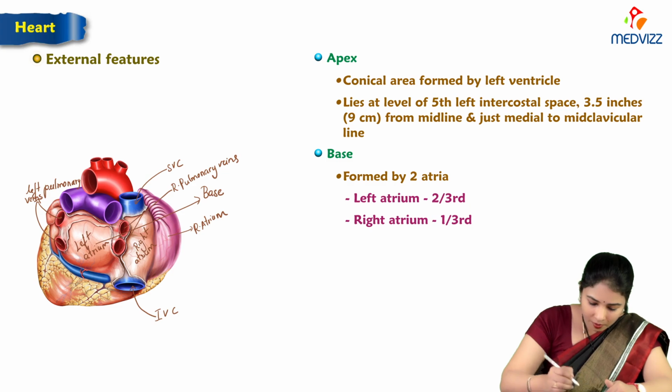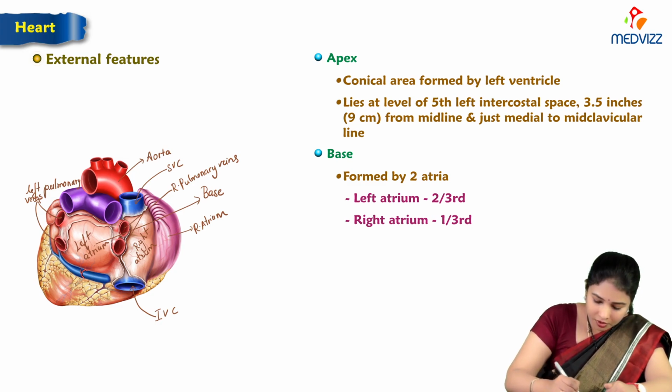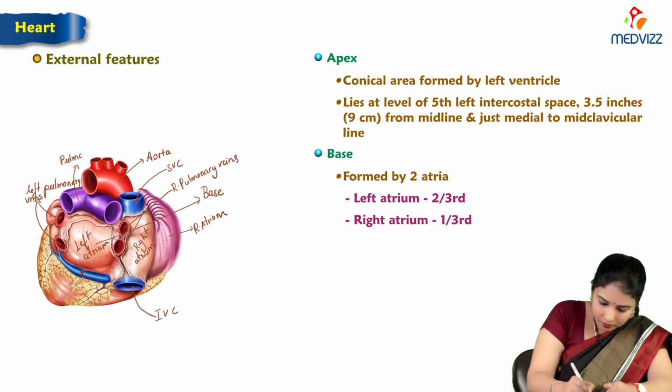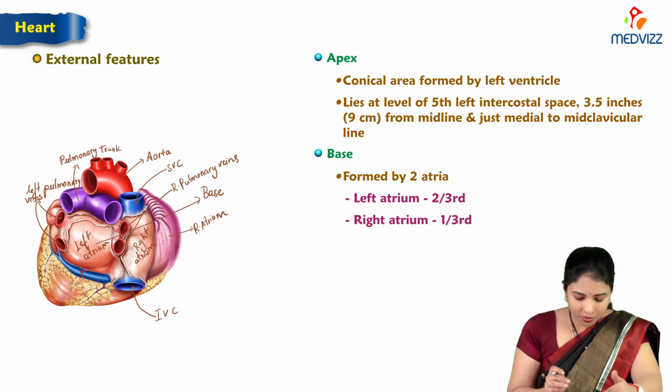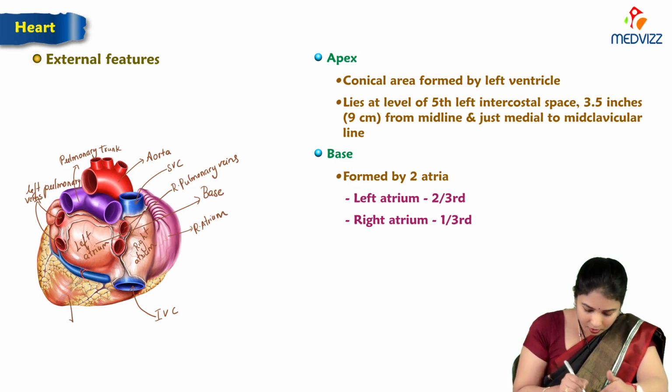And we can also appreciate the arch of the aorta and the two divisions of the pulmonary trunk. So these are the things which we can appreciate from the posterior view. This part is not under posterior; this is the inferior or diaphragmatic surface of the heart.